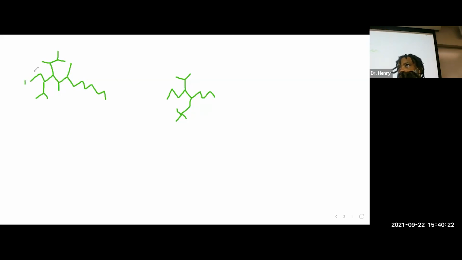So 1, 2. Oops, let me use a different color. Green on green is not a good idea. 1, 2, 3, 4, 5, 6, 7, 8, 9, 10, 11, 12, 13. That will give you the longest.